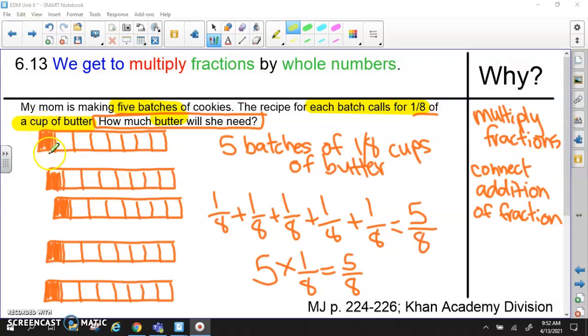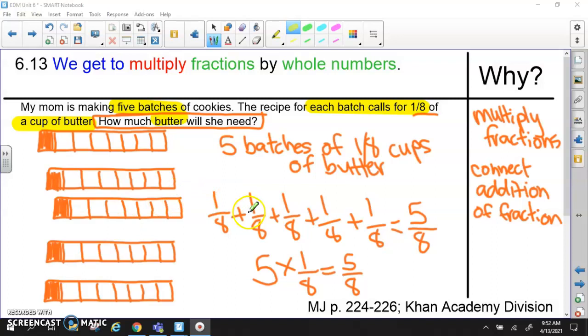You can see each one of these bars, if they're all pretty close to being the same size, is divided into 1, 2, 3, 4, 5, 6, 7, 8 parts, right? And each batch of cookies needs 1/8 of a cup. So I've drawn this picture out to show you how many cups will be needed. For 5 batches, there needs to be 1, 2, 3, 4, 5/8 of a cup of butter.